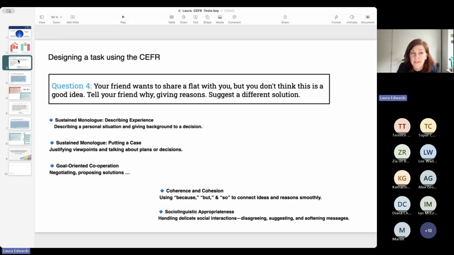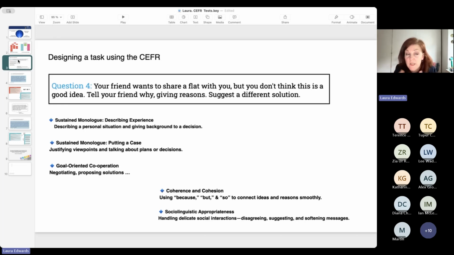So if you design the task in this way using the descriptors, you are looking for a completely different production than you would be if it was, talk about your last holiday or something like that. So that really is just a brief introduction into the CEFR, digging into the descriptors, and then individually picking some descriptors to help us create tasks.